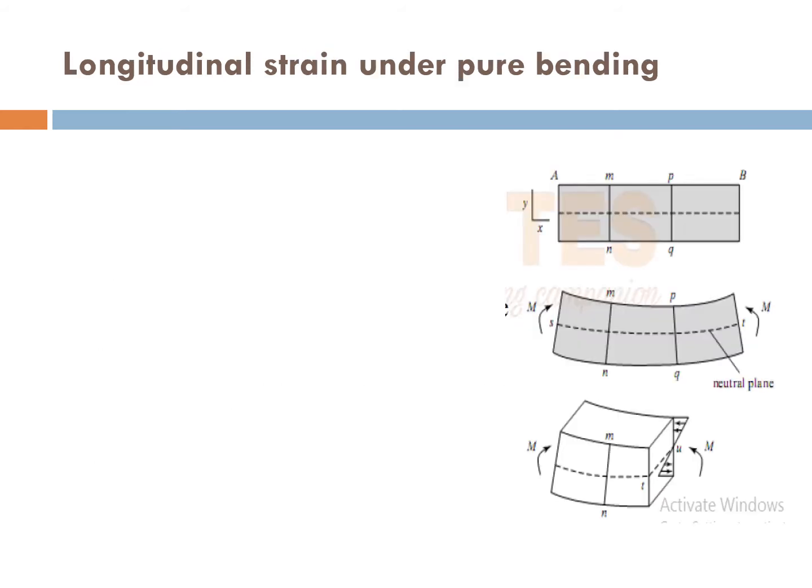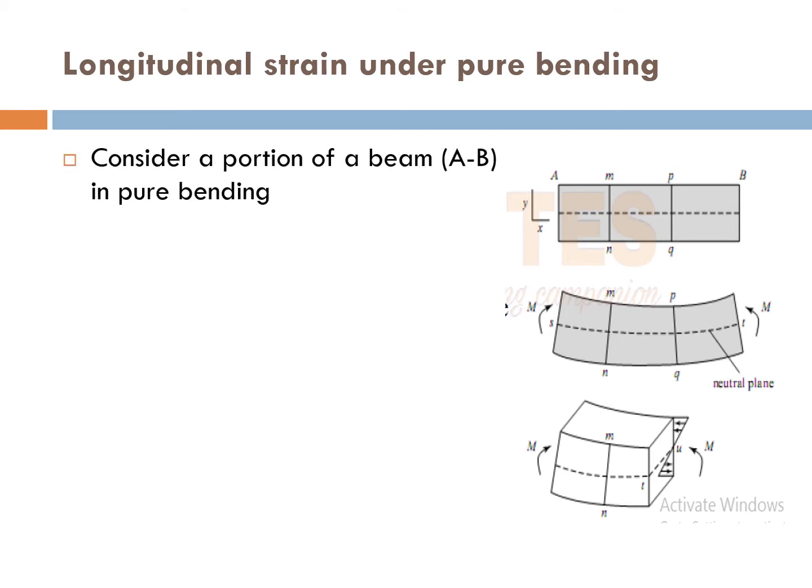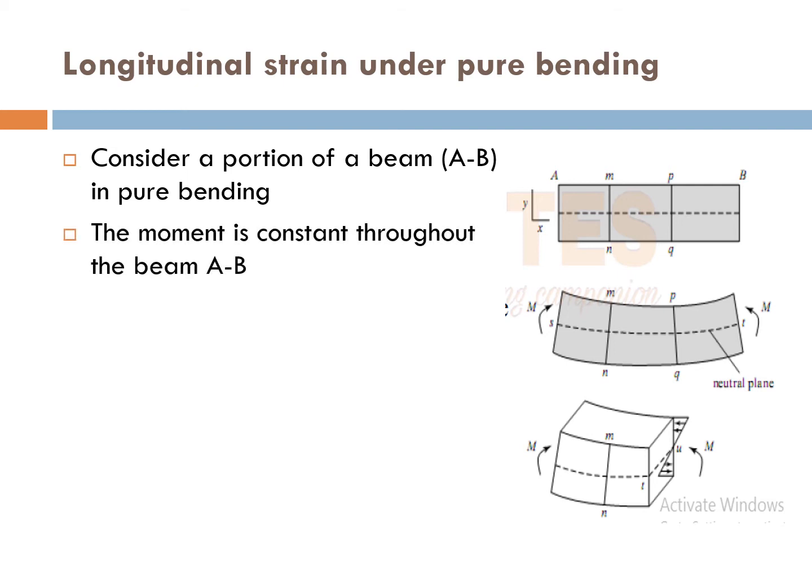To calculate the longitudinal strain under pure bending, consider a portion of a beam AB. Pure bending means that the moment is constant throughout the beam AB. We assume that the beam initially has a straight longitudinal axis in the x direction.